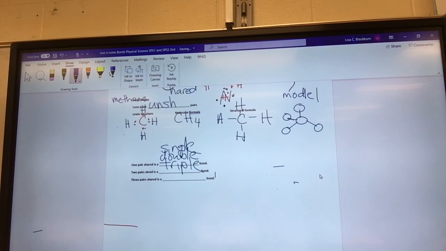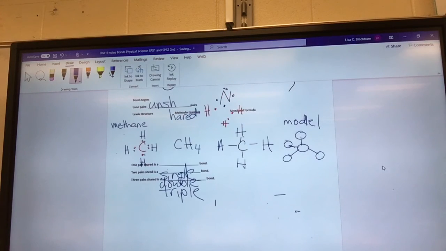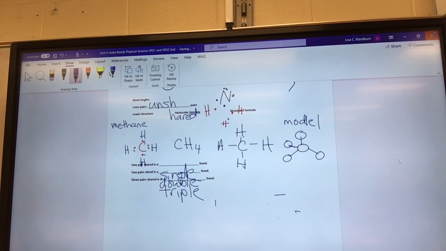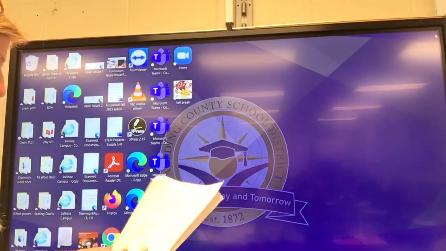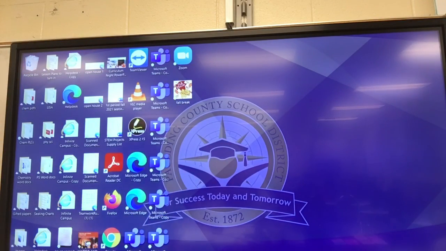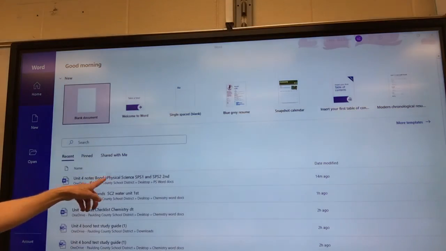It's not cooperating. All mine did good for a while. I guess you'll have to close it out. Just exit out and reopen it. And we'll know that we're at the end of the double, triple bonds. Okay, you want me to reopen it? Yeah, go there. It should be the top thing right there.